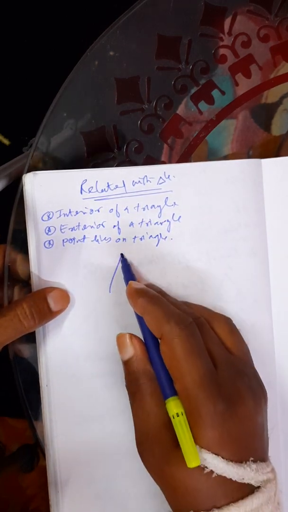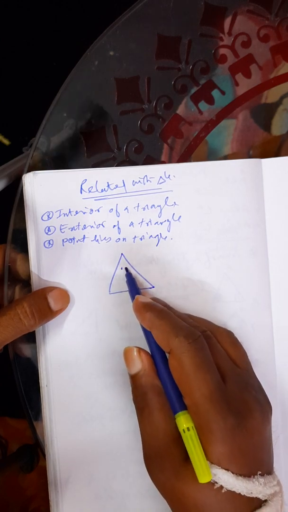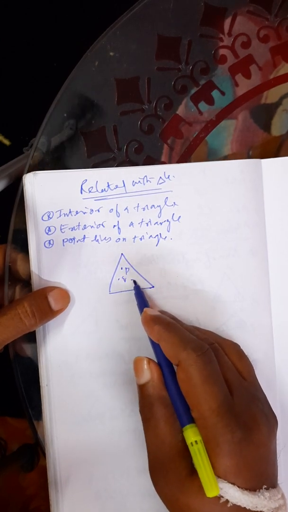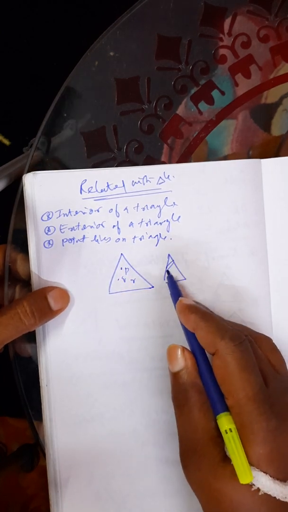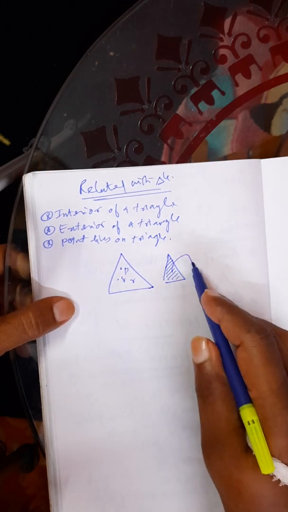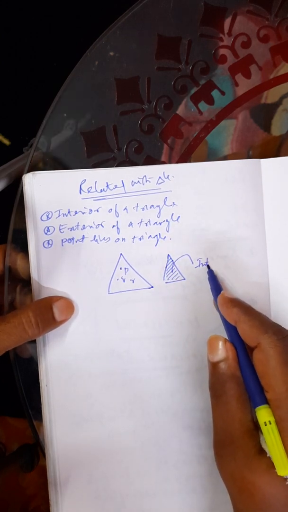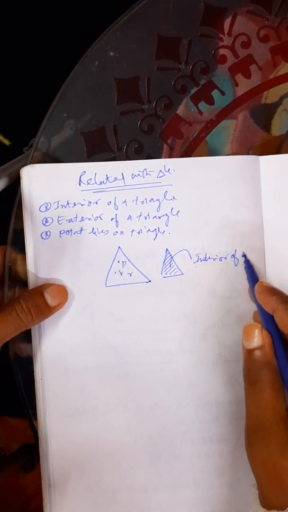Suppose a triangle is there. If I take points P, Q, R, this part, all this shaded interior part, is called the interior of the triangle.